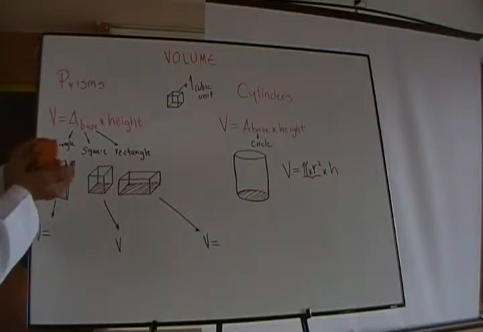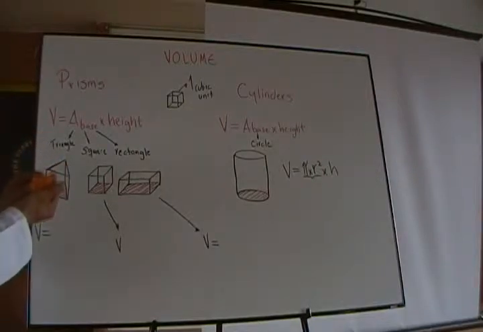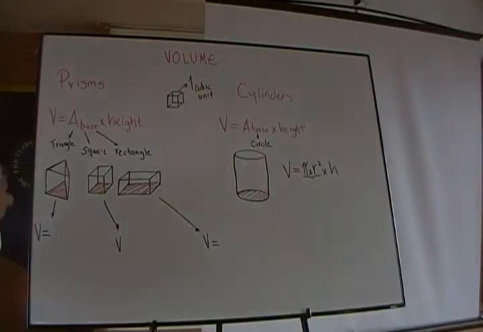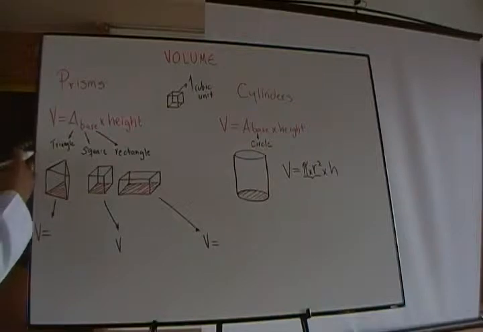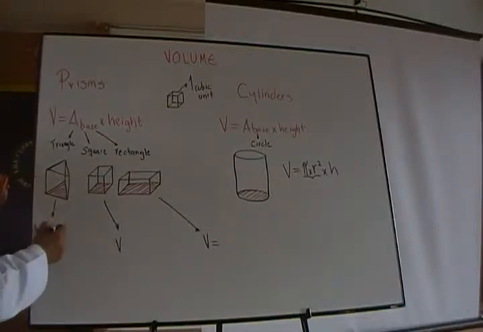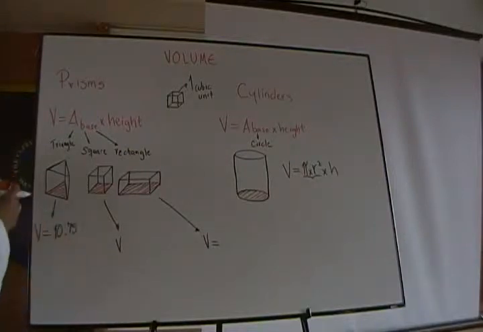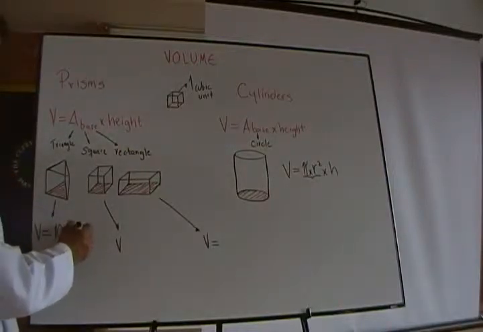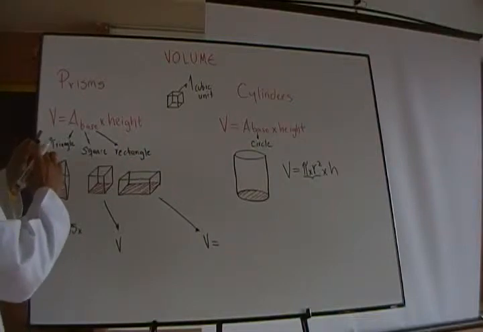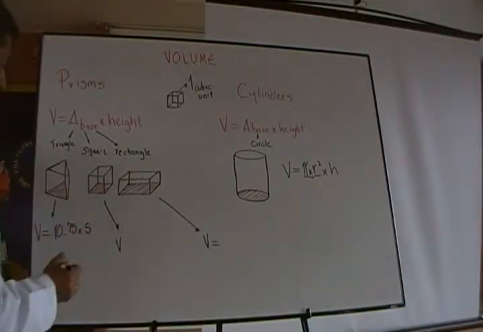I know the area of this one, and I know the height of this one. So in this case, for example, the volume of this triangular prism would be the area of the base, which is 10 and 75 hundredths of square centimeters, times the height. I know the height is, in this case, 5 centimeters.